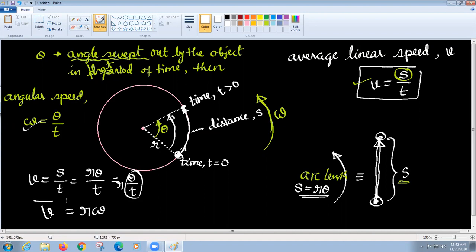So v is equal to r omega. So linear speed is equal to the radius of that circle multiplied by the angular speed omega, and this is valid for uniform circular motion. So we should not memorize anything by heart. If you have the fundamentals, there is no requirement of rote learning. That's the intention.